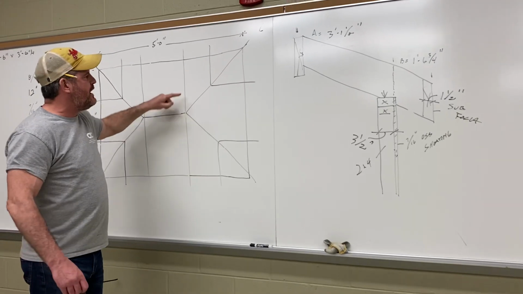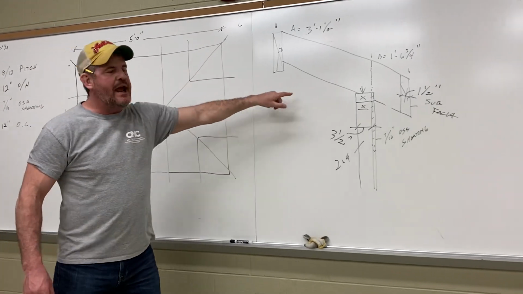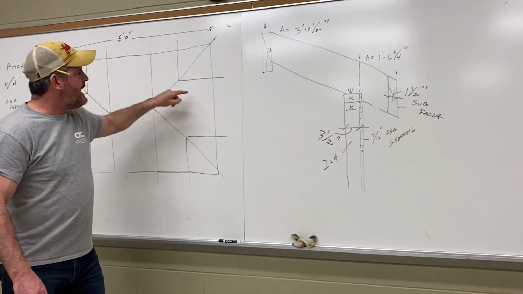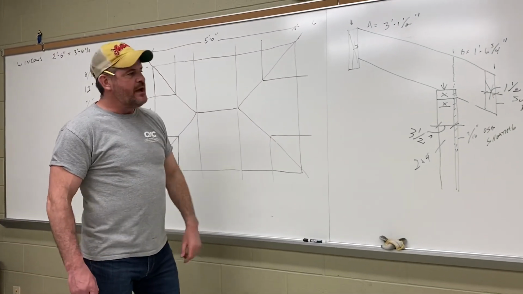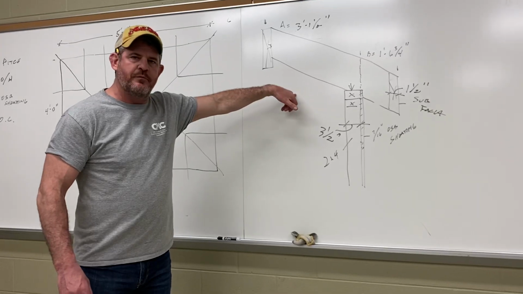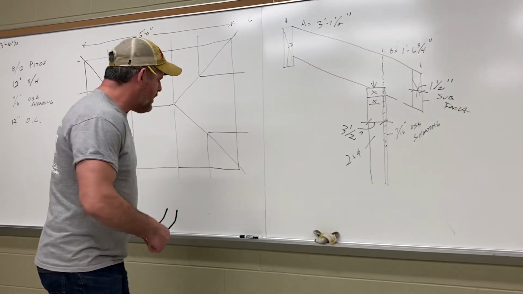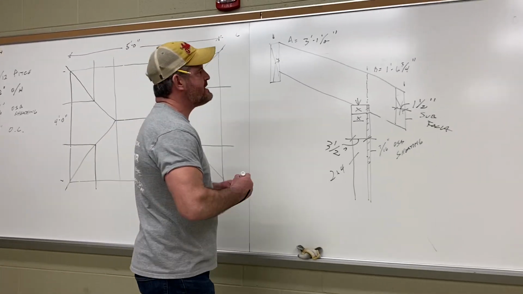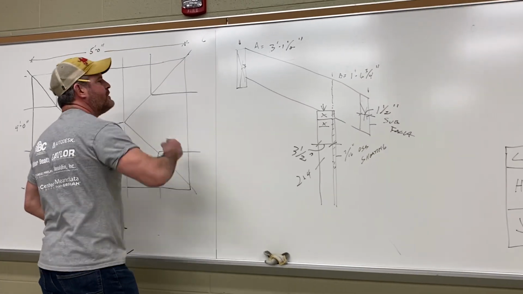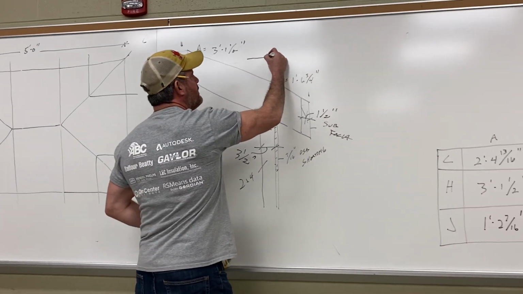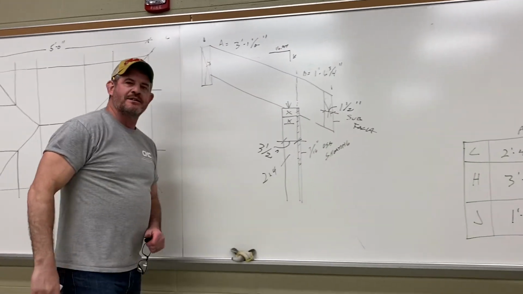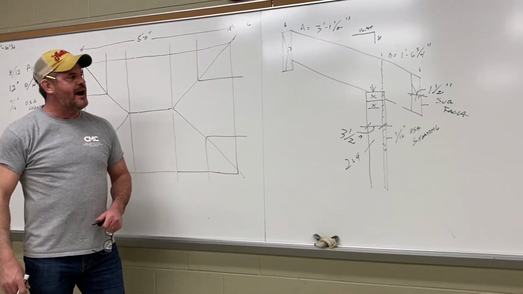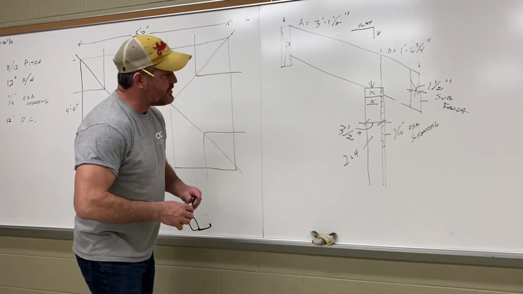I'm having to understand a triangle both in plan and in elevation. In plan, it's a 45-degree triangle, 45, 45, 90. In elevation, it's an 8-12 pitch triangle. But we know that with a hip, because I'm hitting that top plate at 45 degrees, my triangle becomes an 8 over 16.97, because that's the hypotenuse of my 45-degree triangle.